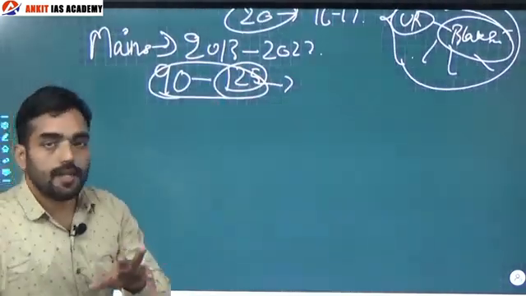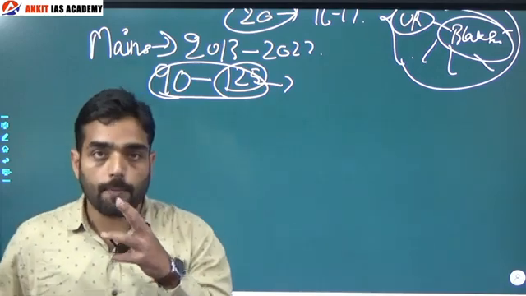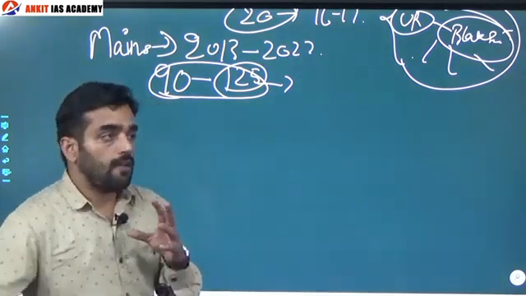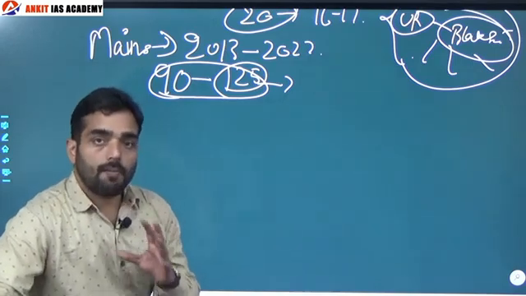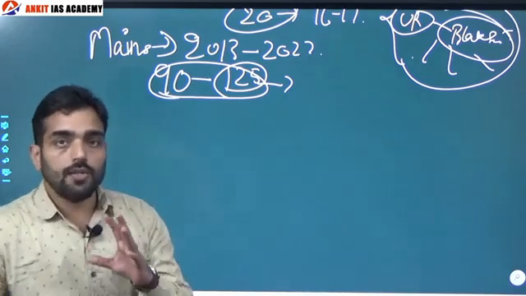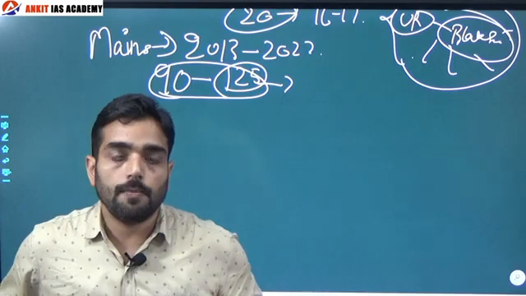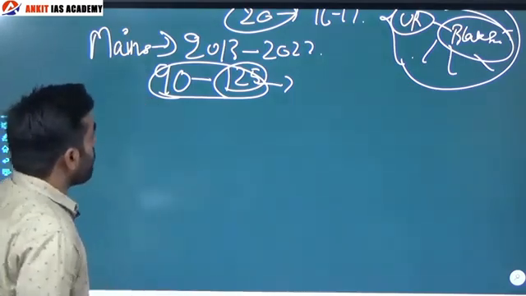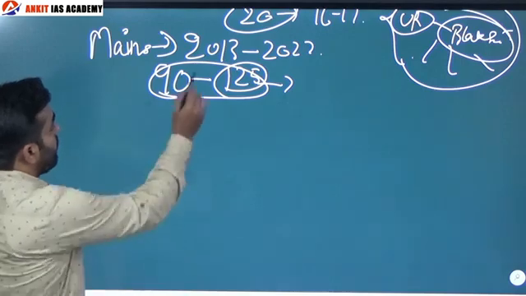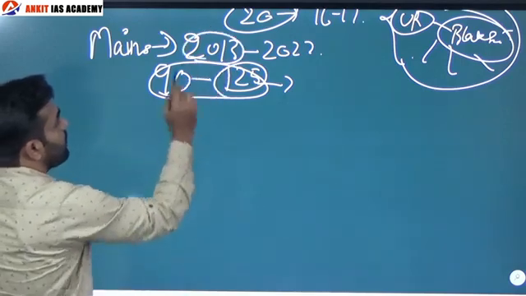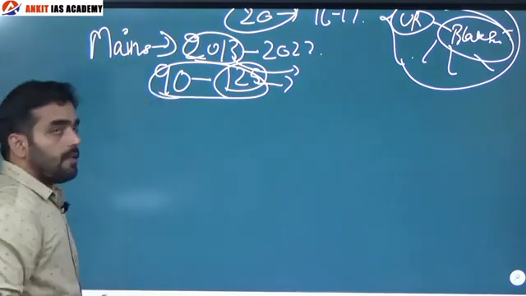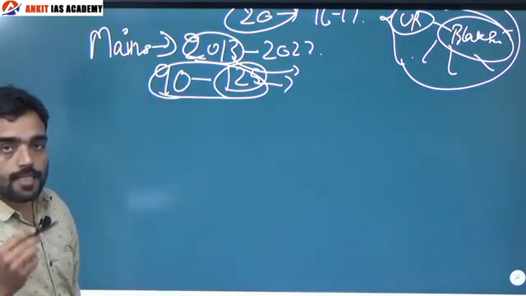And the good thing is that once you have prepared well, your foundation is strong, and you have a good understanding of current developments, then you will be able to easily score good marks in the polity part. Fine. And one thing more is that from 2013 till 2022, the importance of polity in the mains exam has increased.